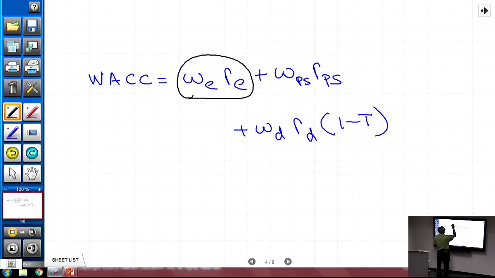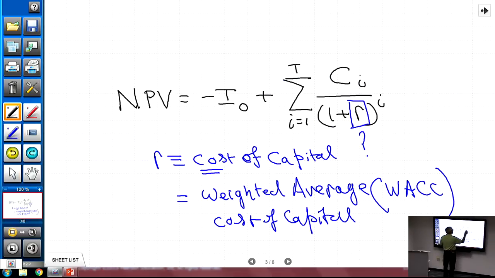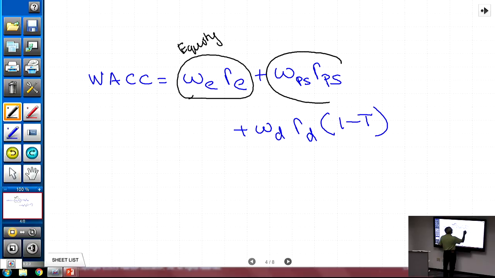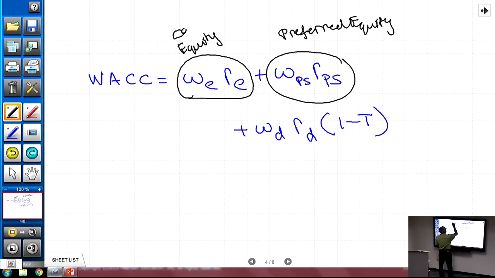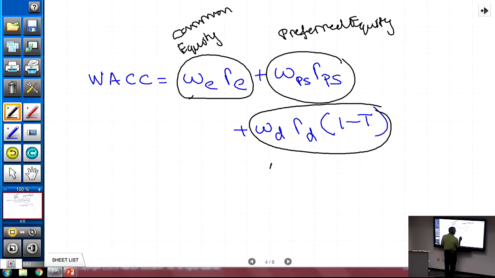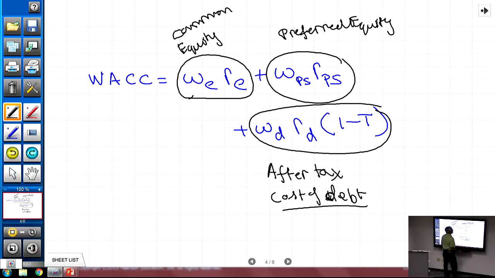So this is the weighted cost of common equity, this is the weighted cost of preferred equity, and this is the after-tax cost of debt. So the three components all taken together.